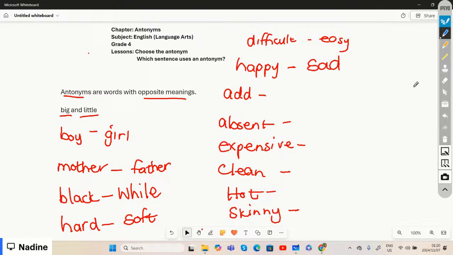If we look at these words, add, what is the opposite of add? Yes, well done. The opposite of add is to subtract.